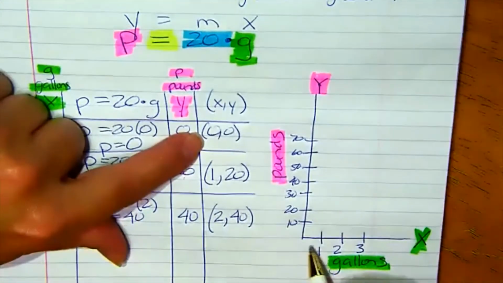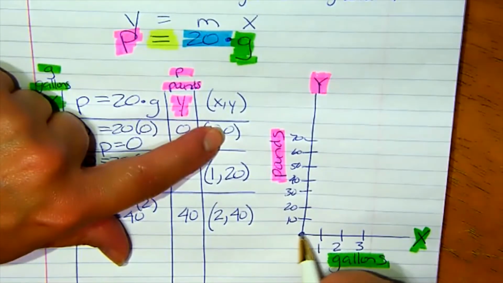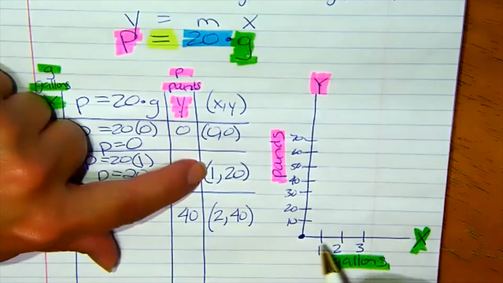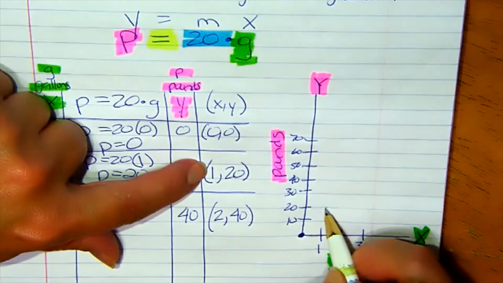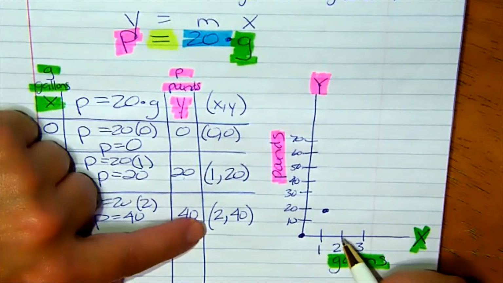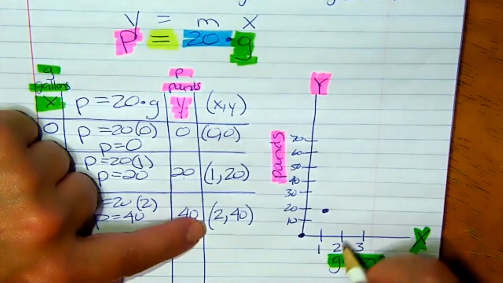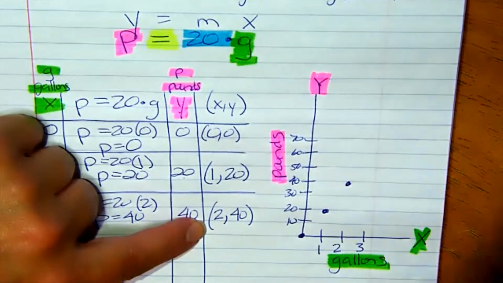If I put in 0 gallons, I get out 0 pounds. If I put in 1 gallon, I get out 20 pounds. If I put in 2 gallons, I get out 40 pounds.